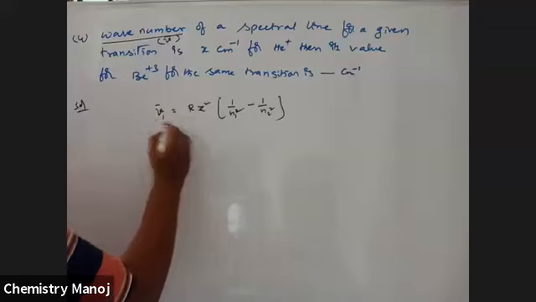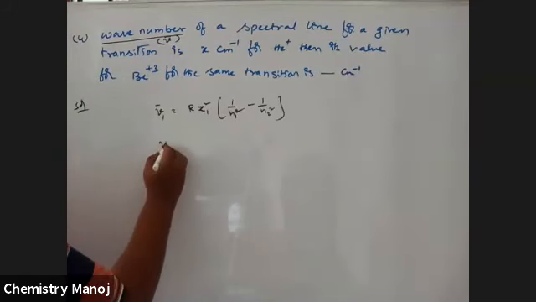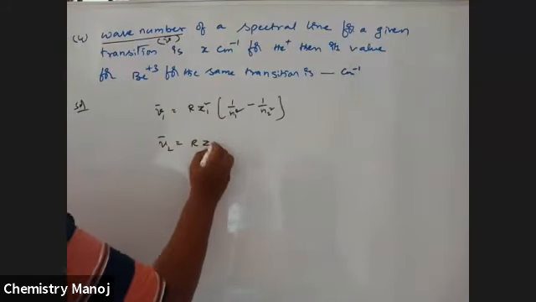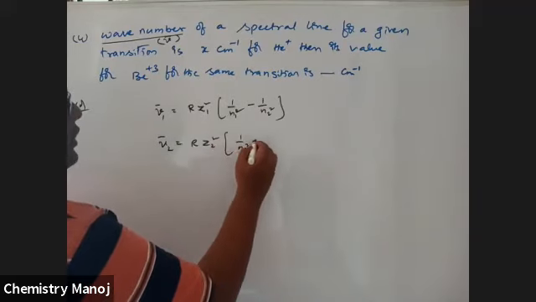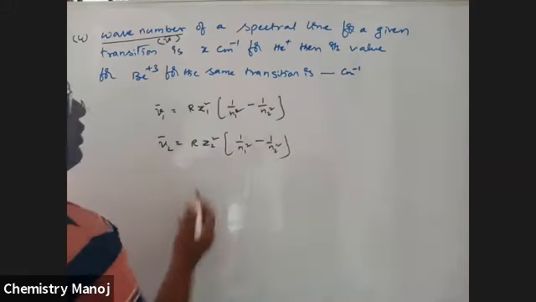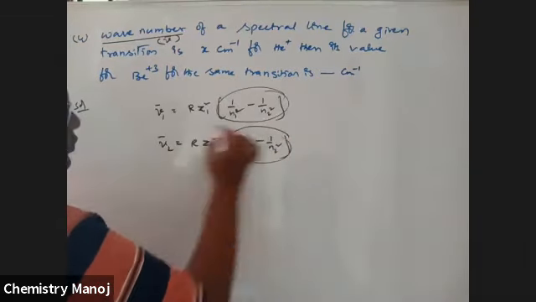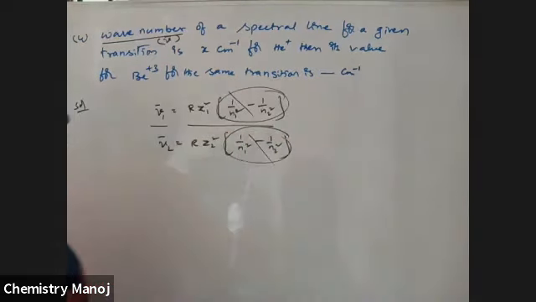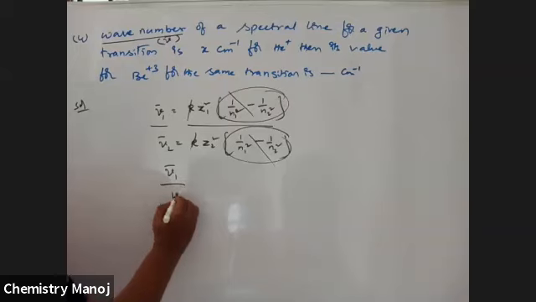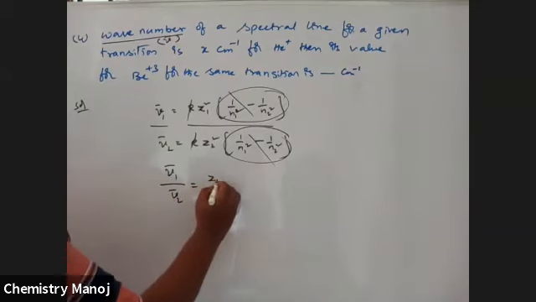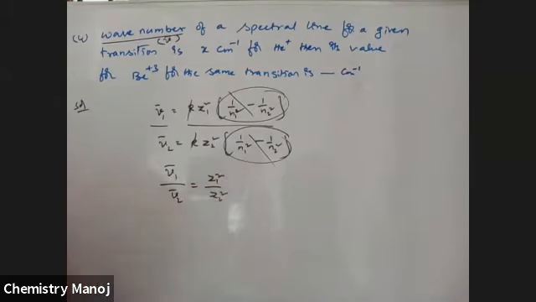Here nu1 bar has z1 square, and nu2 bar is equal to R z2 square into 1 by n1 square minus 1 by n2 square. Same transition means n1 and n2 are the same, so they cancel, and R and R cancel. So nu1 bar by nu2 bar is equal to z1 square by z2 square.